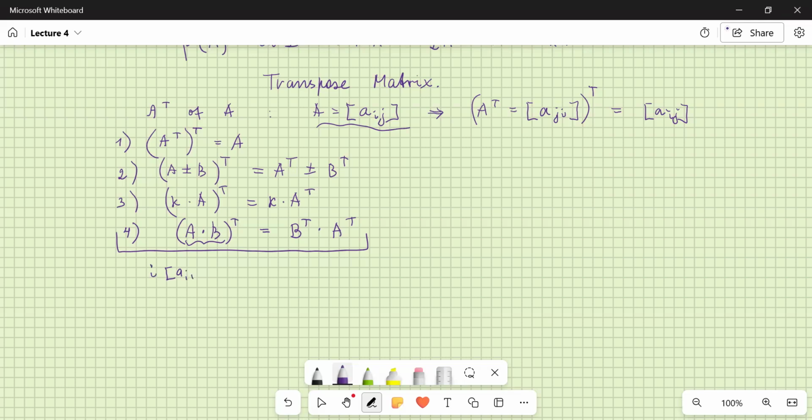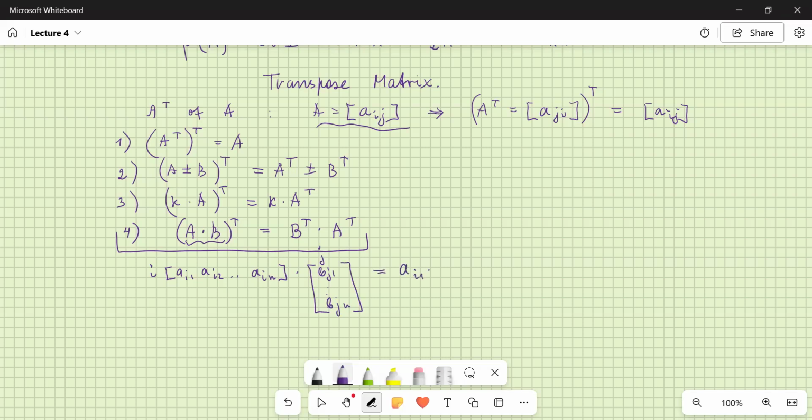So it's A_i1, A_i2, and A_in, multiplied by the column of matrix B, which is going to be the column j. So it's going to be B_1j, and B_nj to get the result, right? Which is going to produce this product.